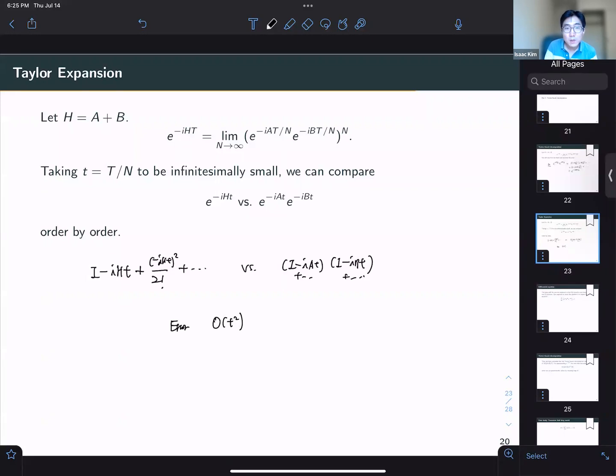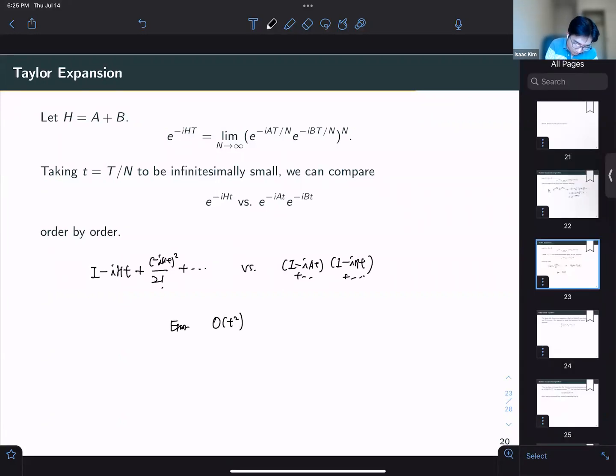Let's see. If you want to evolve for a time of t, then you choose the step size to be t divided by n, and there will be a total of n steps.